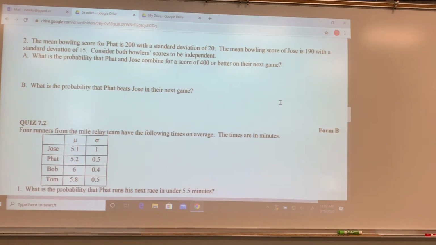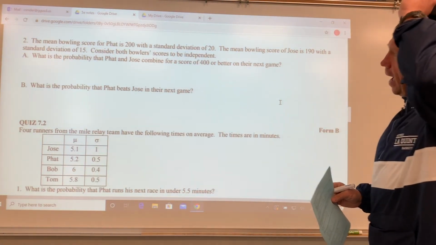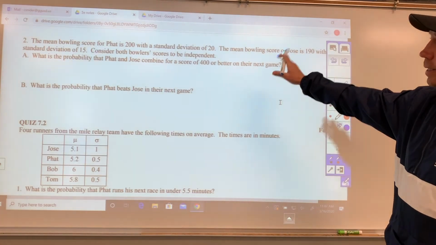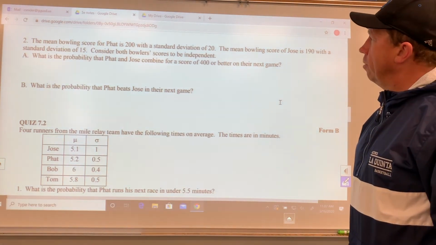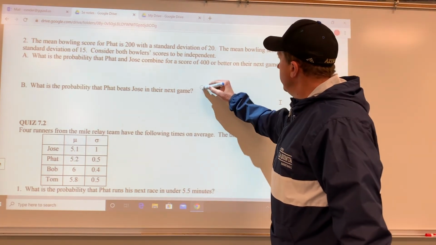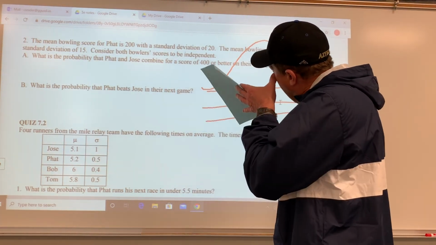For question 2, the mean score for Fat is 200 with a standard deviation of 20. Jose, it's the same prompt. What is the probability that Fat and Jose combine for 400? Now we're combining. When you combine the means, you simply add them.